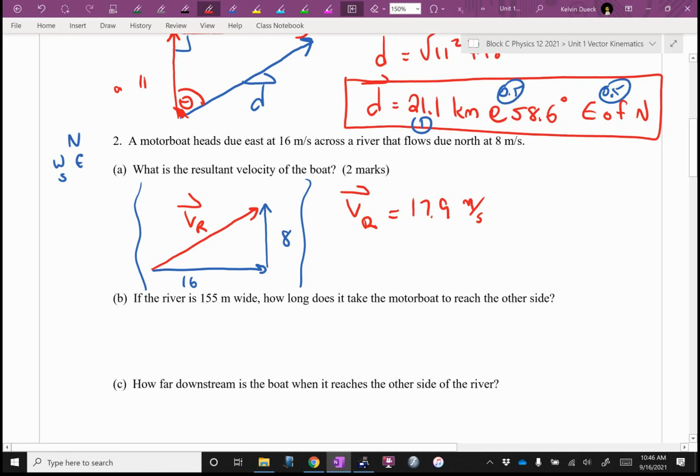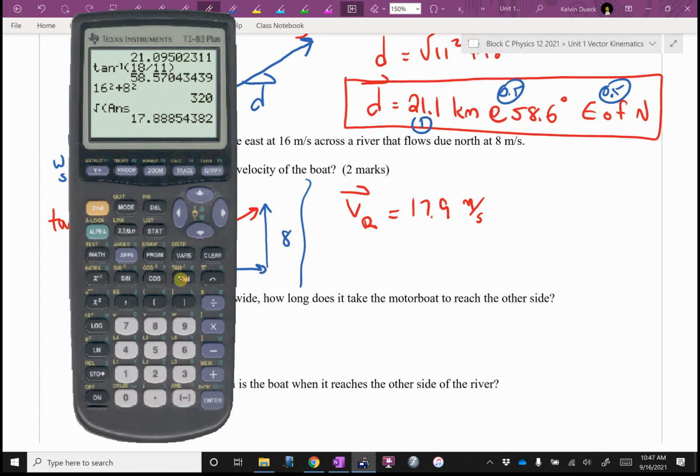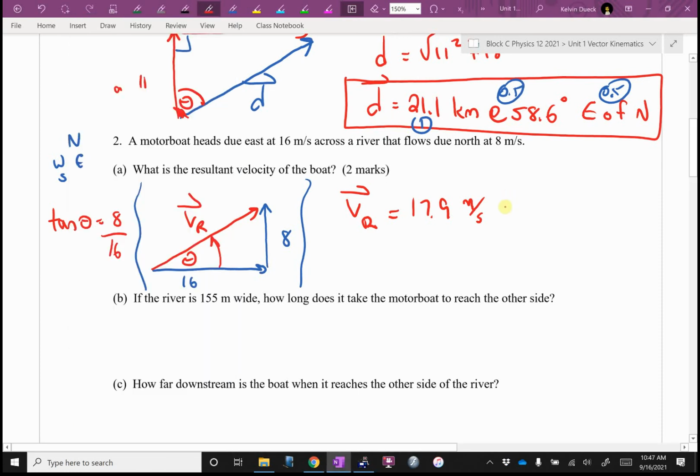It said velocity. A velocity has to have both a magnitude and a direction. Let's pause for a second. It did say velocity, so I'm going to assume it wants a direction. So it's going to be tan theta equals 8 over 16. 26.6 degrees, is that correct?